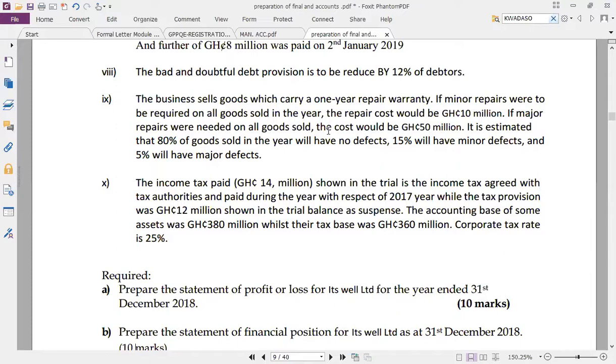Good. So we have minor and what? Major. It is estimated that 80% of the goods sold in the year will have no defects, so that means no repairs. 15% will have minor defects, and 5% will have major defects.